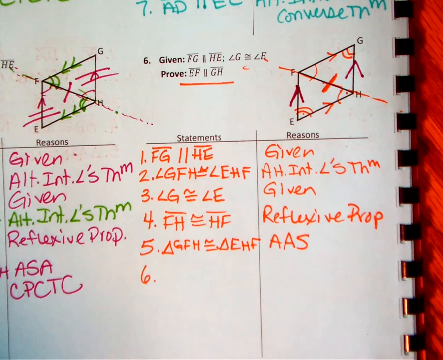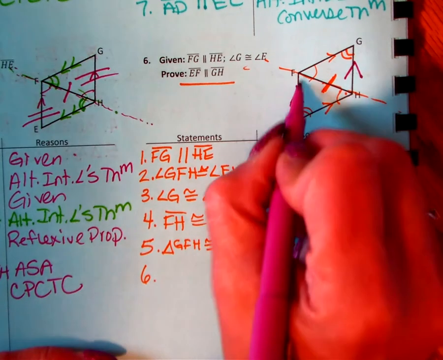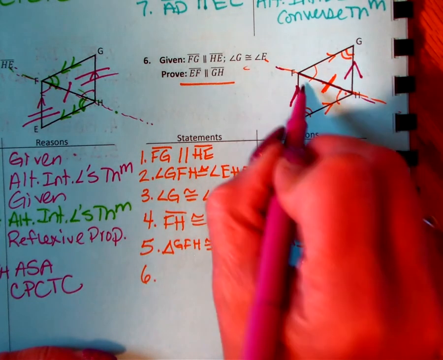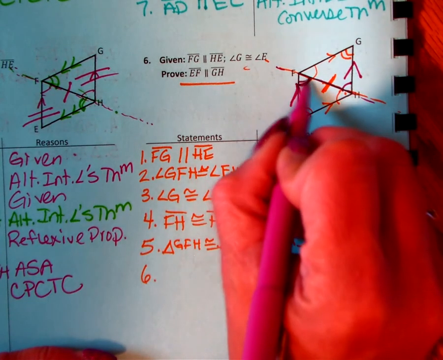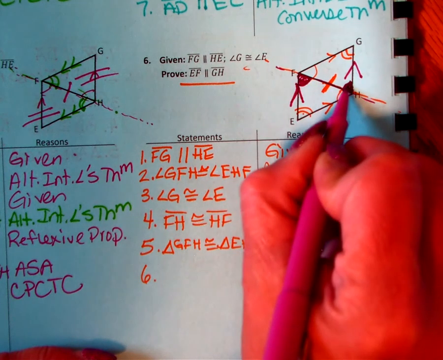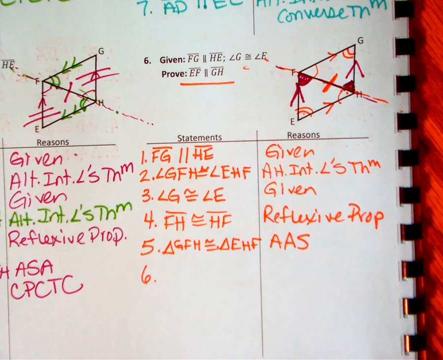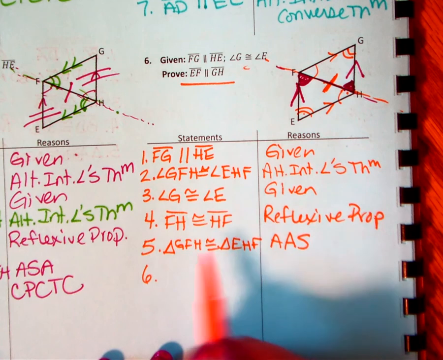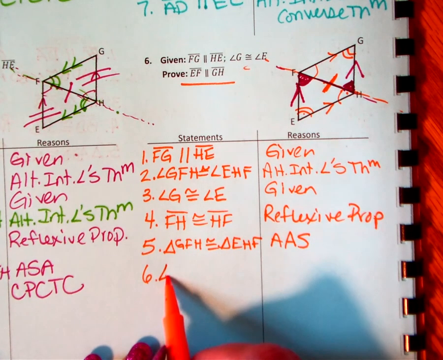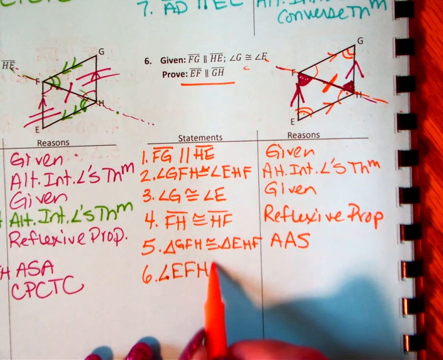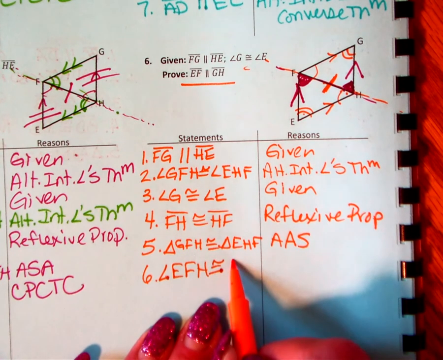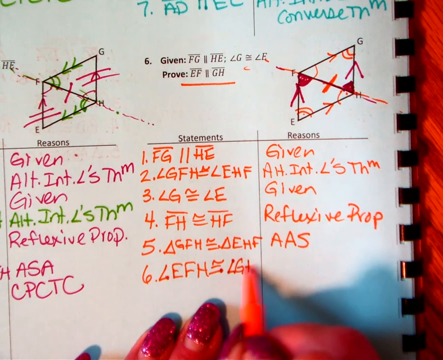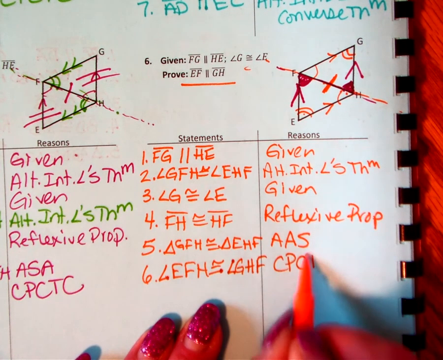If this is a transversal through the parallel lines I'm trying to prove, my alternate interior angles would be these two. Because of that, I can say angle EFH is congruent to angle GHF by CPCTC, right?